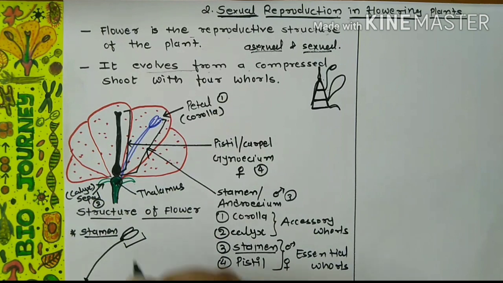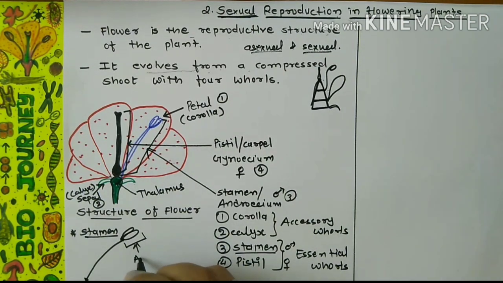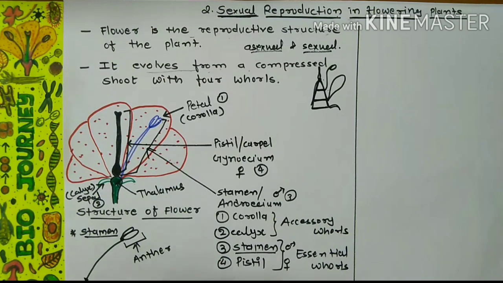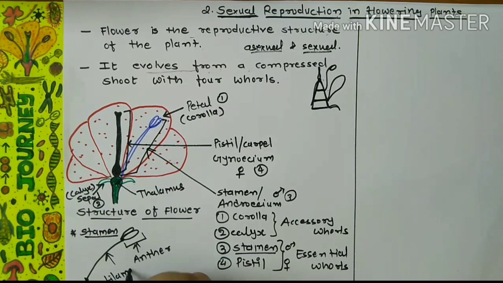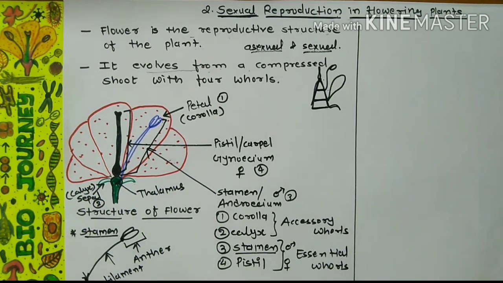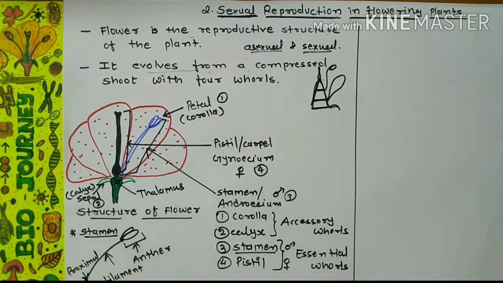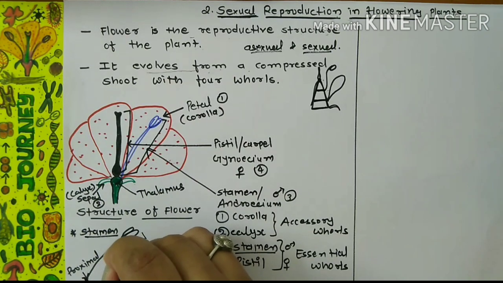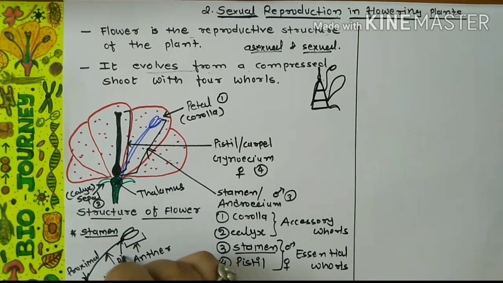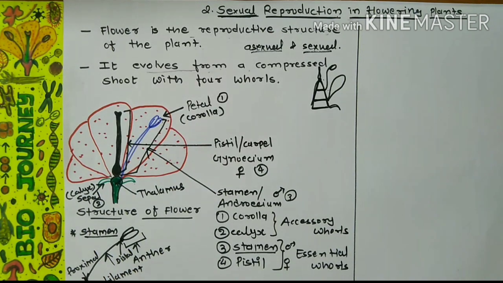This swollen portion of the stamen is known as the anther. This long portion is known as the filament. This filament has two ends. The lower end is known as the proximal end, and this end, where the connection with the anther is, is known as the distal end.